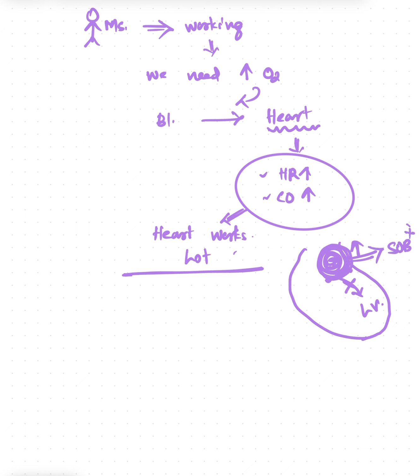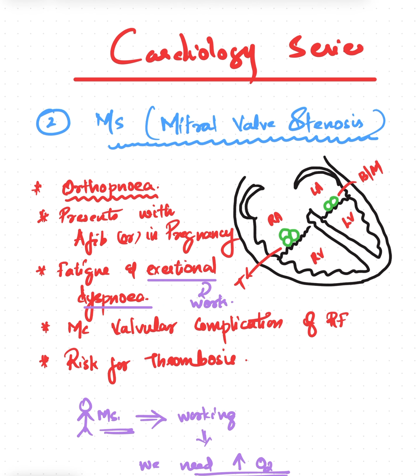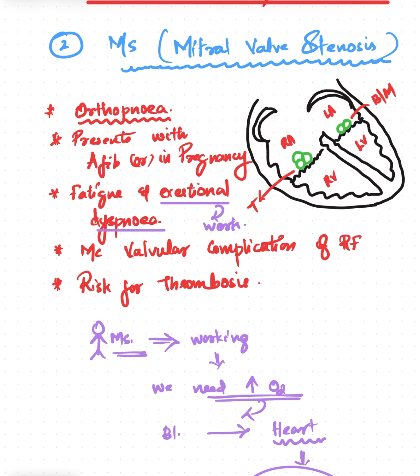The patient will be having SOB. So this is what exertional dyspnea means. A patient with MS working will have exertional dyspnea due to increased oxygen demand. I hope I have discussed that. Due to the cardiac workload, the patient will feel fatigue also.